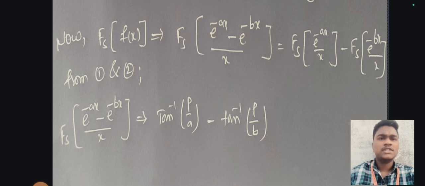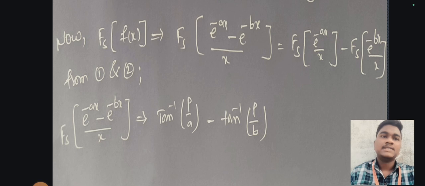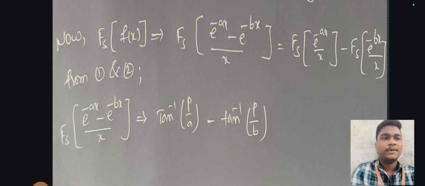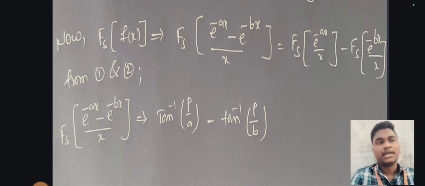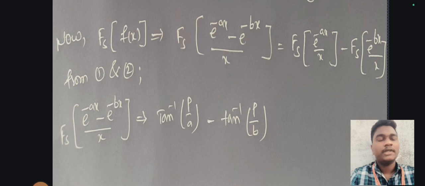Now F_s of f of x is equal to F_s of (e power minus ax minus e power minus bx) by x, which is equal to F_s of e power minus ax by x minus F_s of e power minus bx by x.